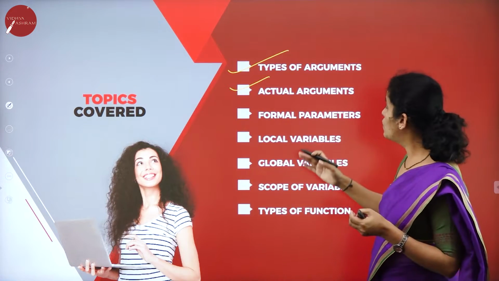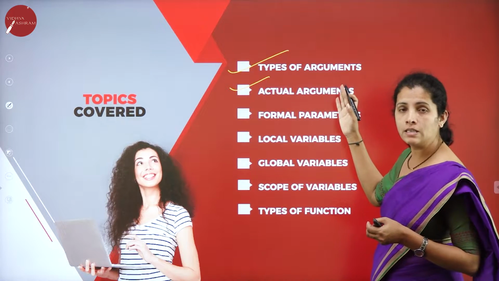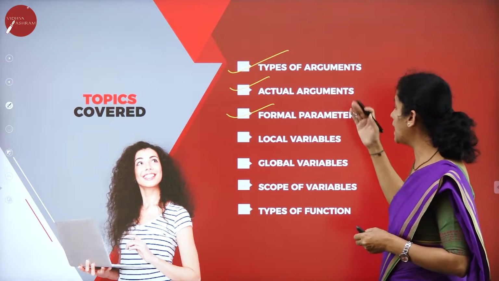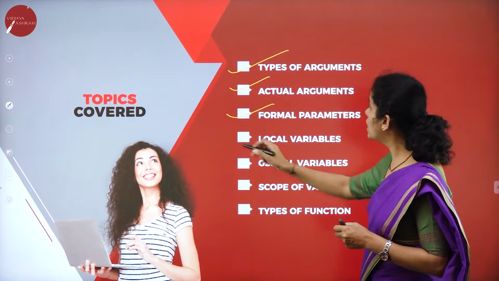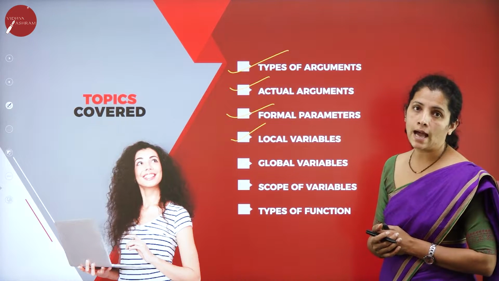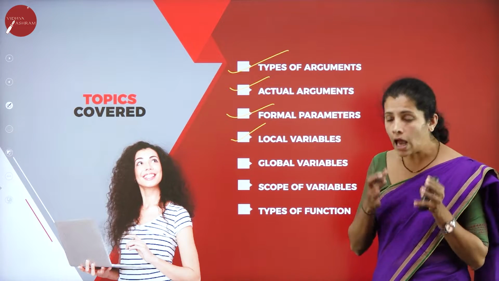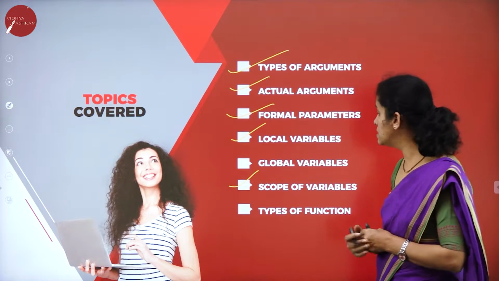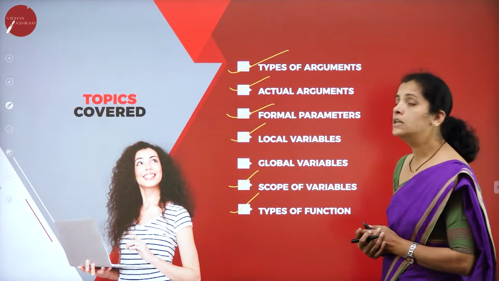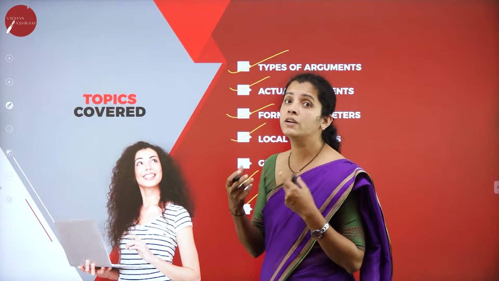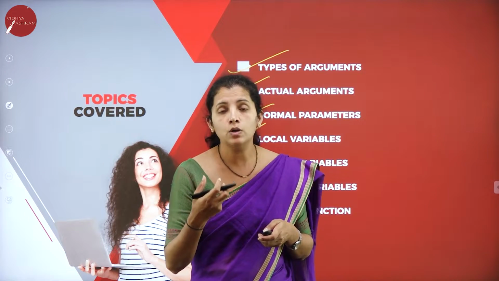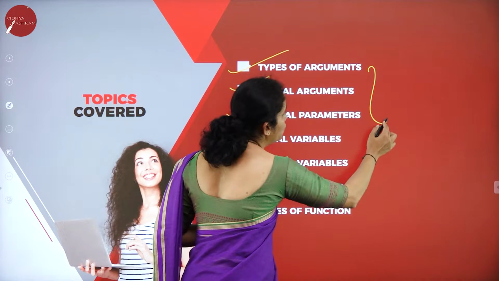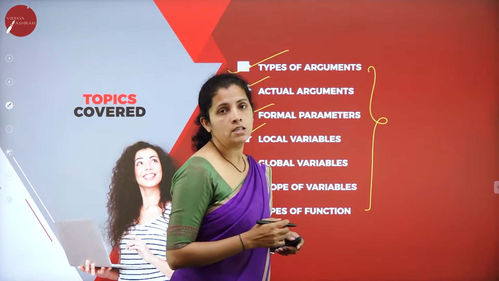At the beginning, I'm going to cover actual arguments, then formal arguments or formal parameters, then local variables as well as global variables. Along with that, I'm going to deal with the scope of the variables, and the different kinds of user-defined functions we can write in our program. These are the topics I'm going to deal with in today's session.